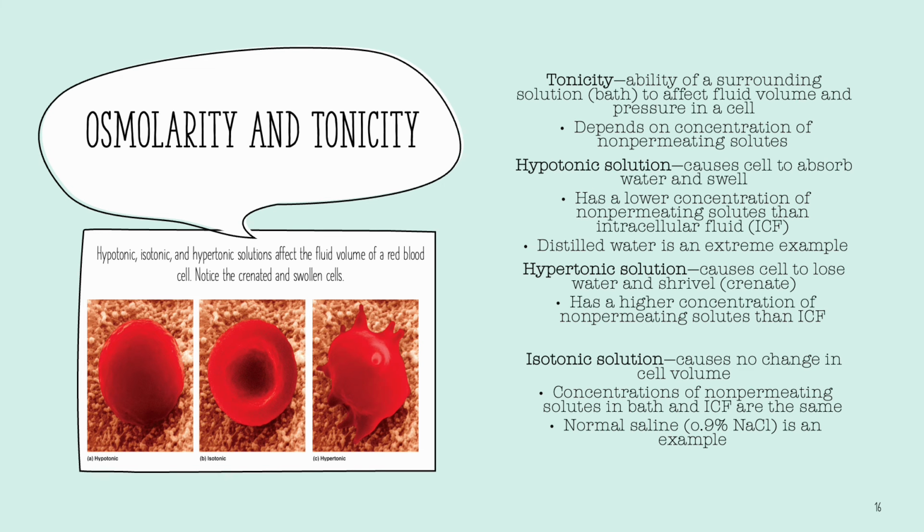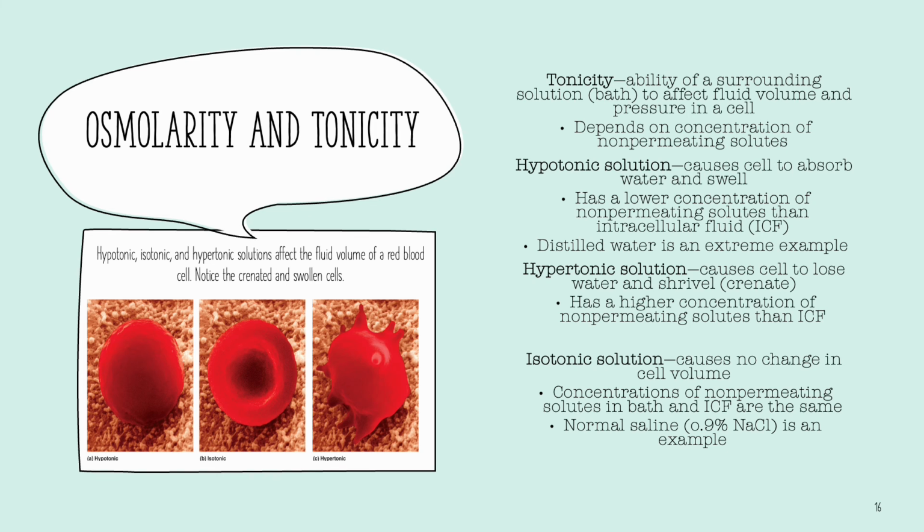Tonicity. First of all, let's talk about osmolarity and tonicity. Okay? Tonicity is the ability of a surrounding solution, like let's say a bath, to affect fluid volume and pressure in the cell. It depends on the concentration of the non-permeating solute.